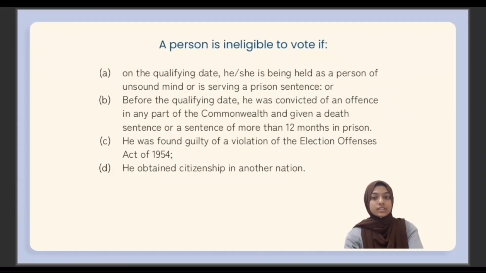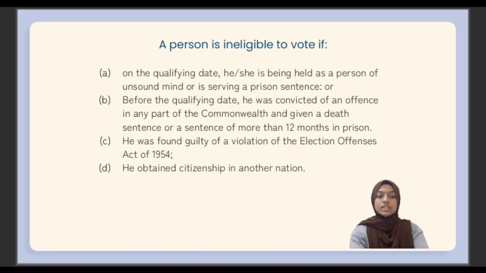A person is ineligible to vote in any election to the House of Representatives or the Legislative Assembly if he or she is detained as a person of unsound mind on the qualifying date or is serving an imprisonment sentence.